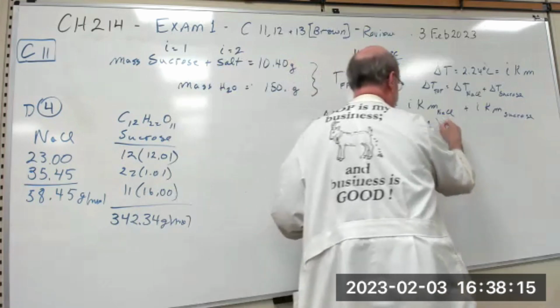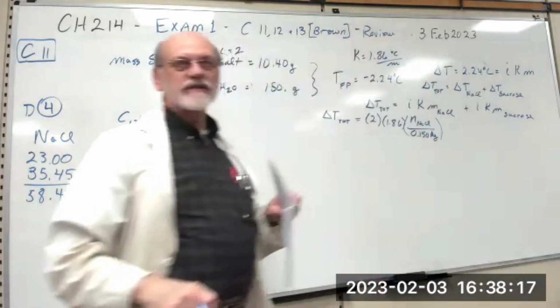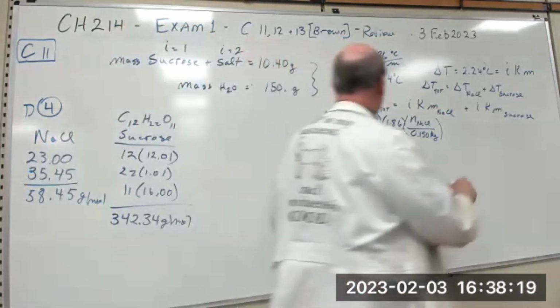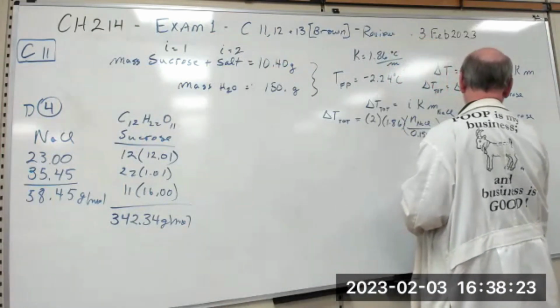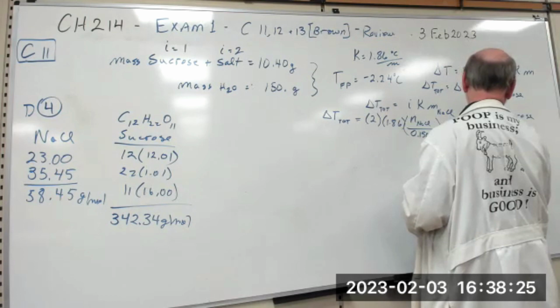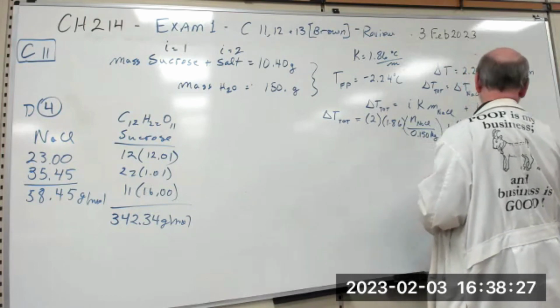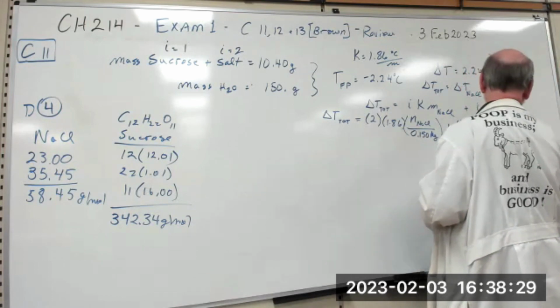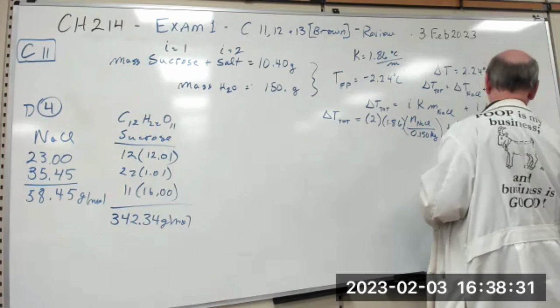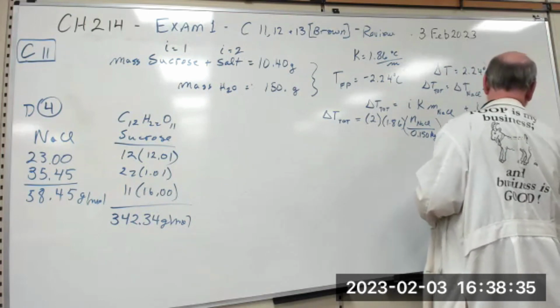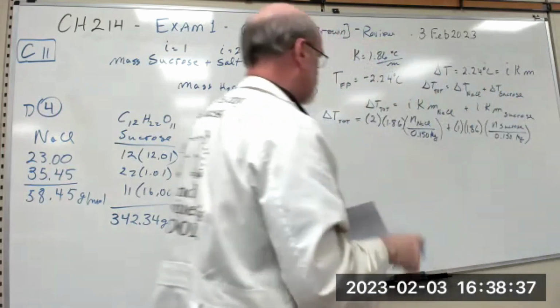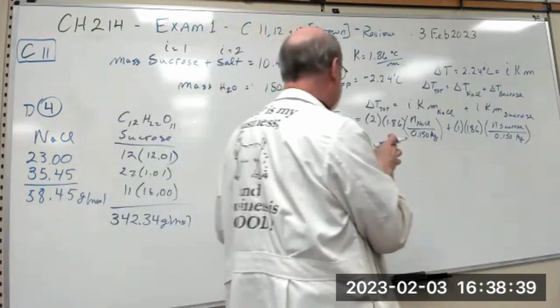That's the molality for sodium chloride. This one is i equals 1 and 1.86 is the same. And then this one is the moles of sucrose per 0.150 kilograms. Okay. Now we have something we can work with, sort of.